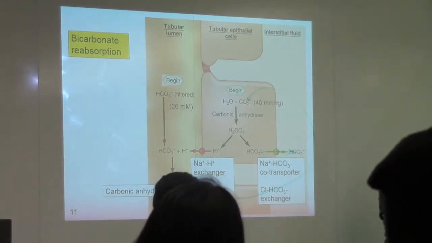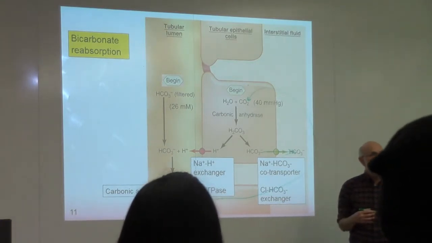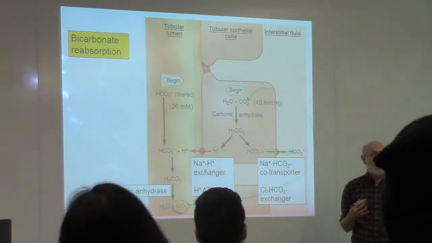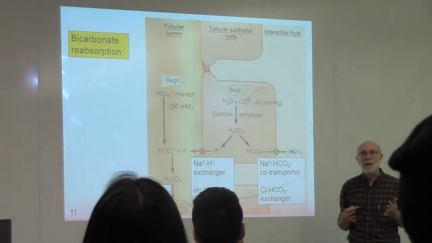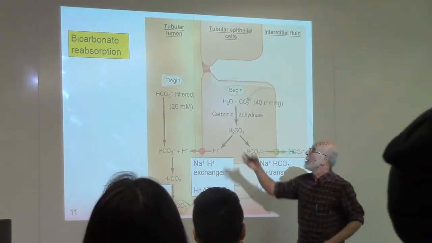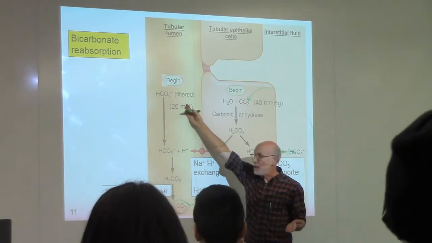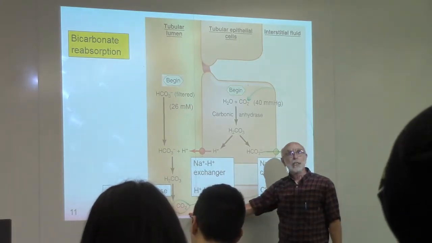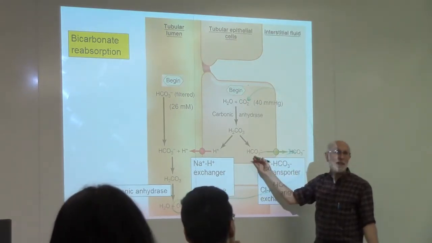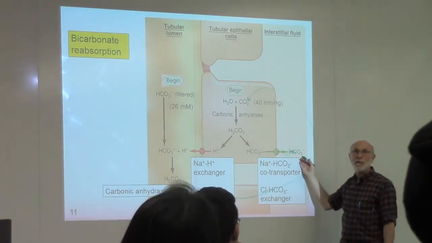Does that make sense? Remember, we're reabsorbing bicarbonate. Our goal is reabsorption. It's got an active component to it, but it's not as simple as sodium or glucose. Filtered bicarbonate, which we want to reabsorb, at least some of it, gets converted into CO2. CO2 gets broken down into bicarbonate in the cells, and the bicarbonate is reabsorbed.